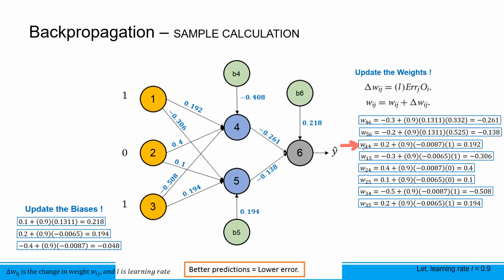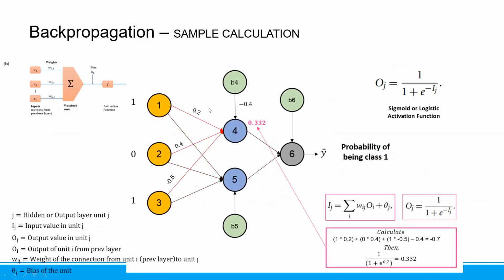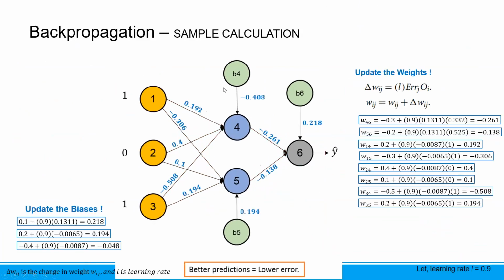Okay, W14. W14, the first node or the initial weight, is 0.2. So you can check. The first is 0.2. Now, I would like to update the value by adding the learning rate multiplied by minus 0.087.